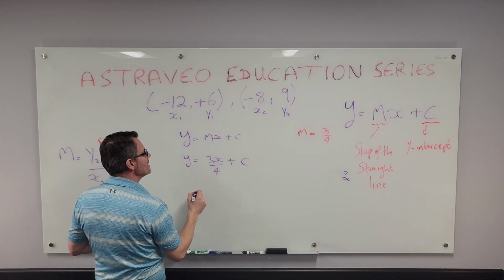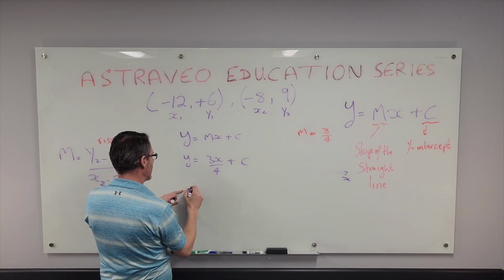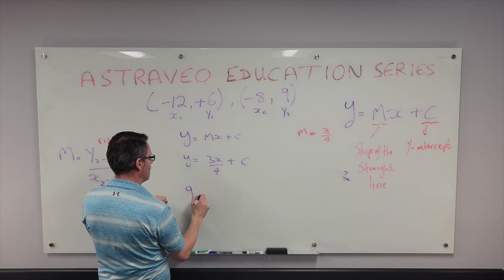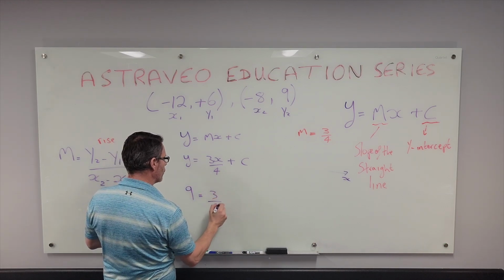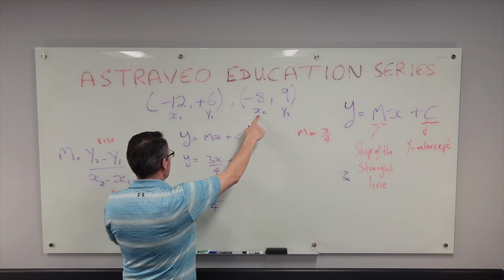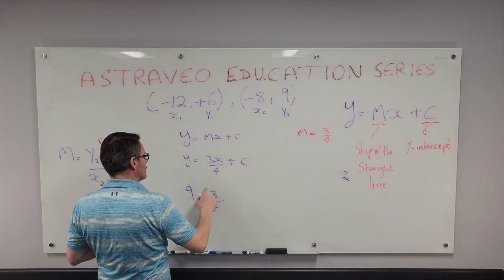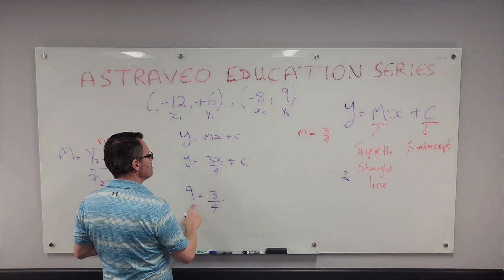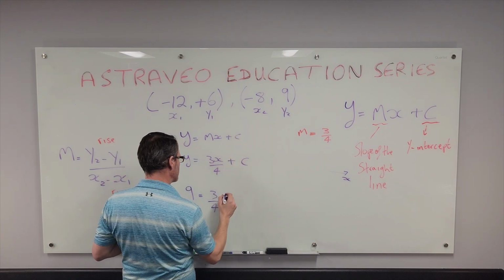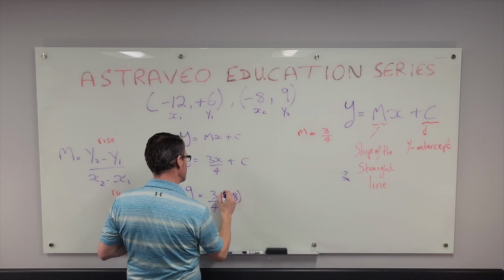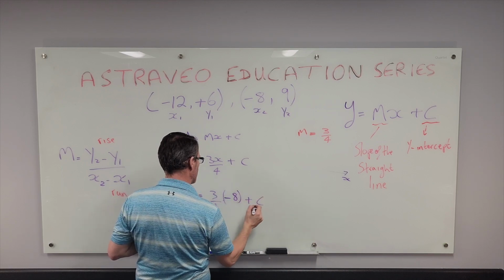So I'm going to plug these in. For y, I'm going to use y2, which is 9. 3 divided by 4 times x2. I can't use the other x. I have to use the pair. You have to stay with the pairs. So y2 is 9, x2 is minus 8, plus c.